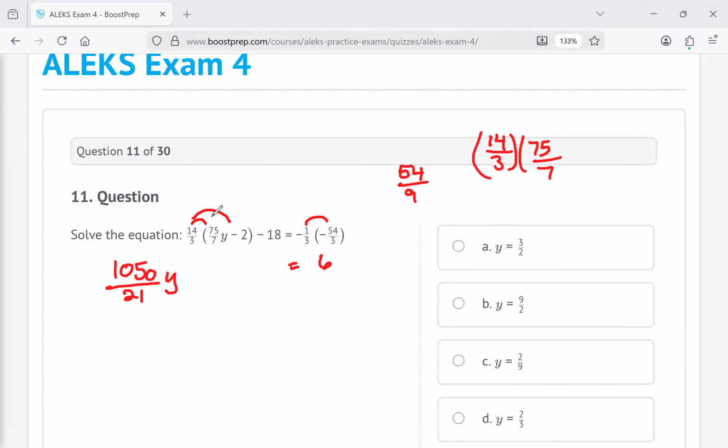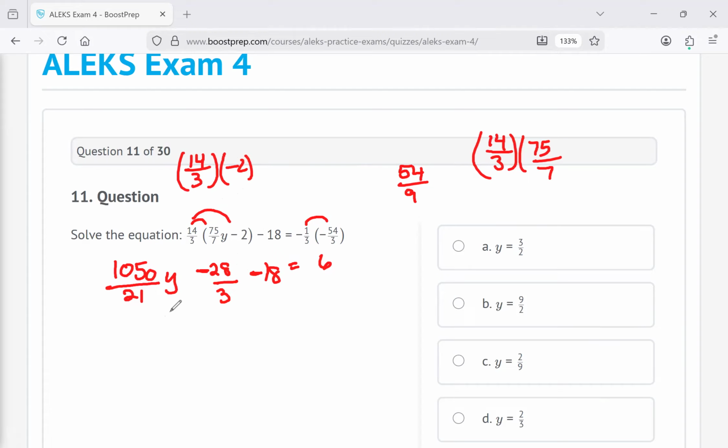Keep on going. So what's 14 thirds times -2? It's -28 over 3. And then this is just -18.